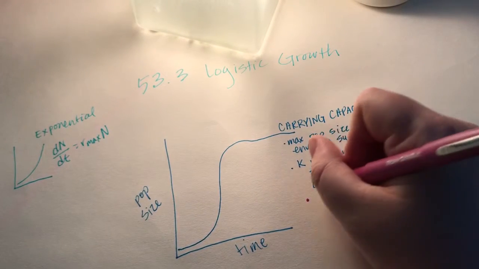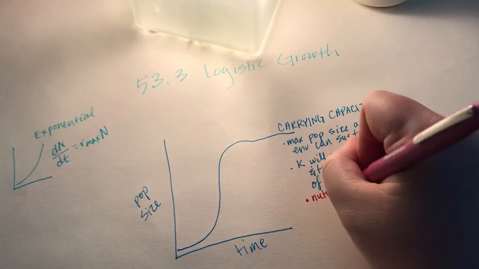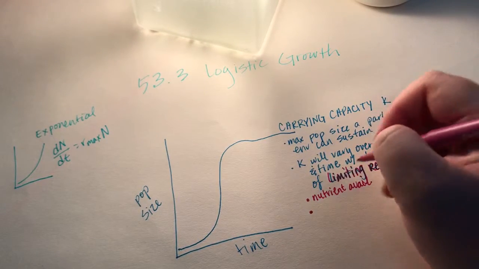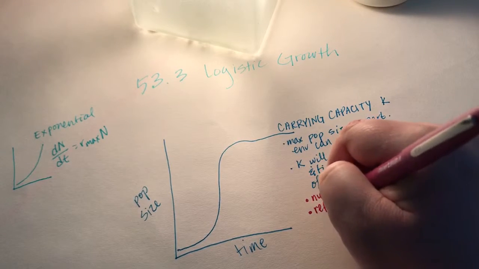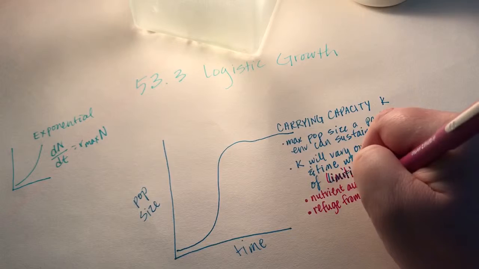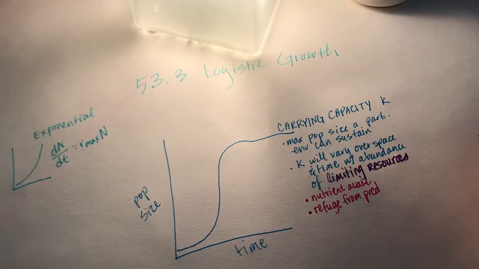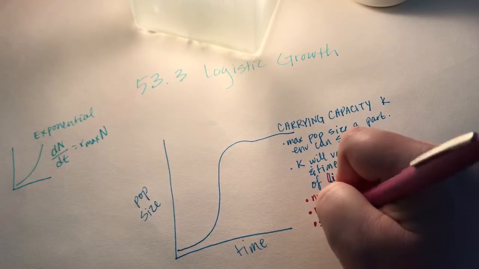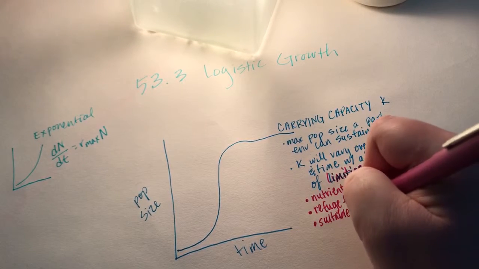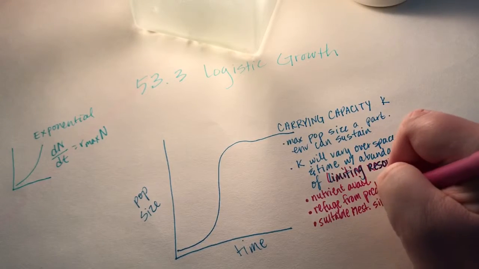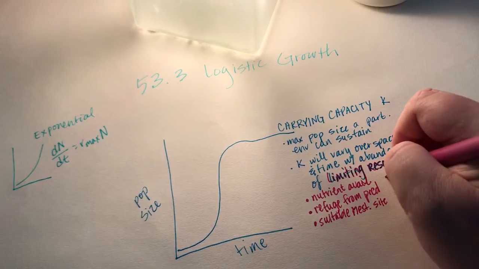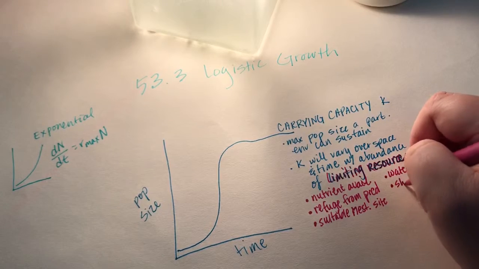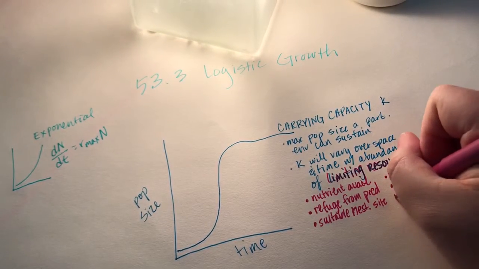So I bet these are things that you named. Things like nutrient availability, things like refuge from predators, things like suitable nesting sites, maybe you said something like water or shelter or even energy.